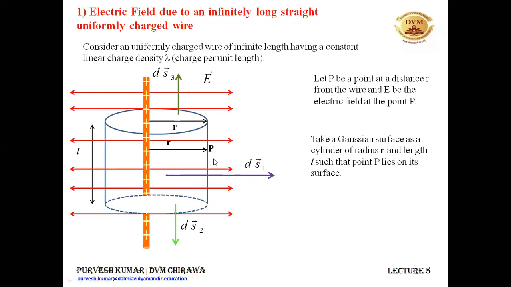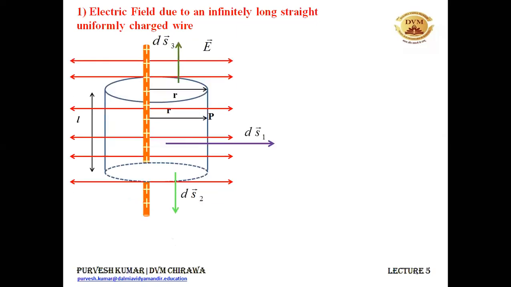So these are the three area vectors. They are the area vectors of surfaces 1, 2 and 3 respectively, because in order to find the electric flux, we need the area vector. All right. Now, moving ahead. I do hope that you have made this diagram in your notebooks.